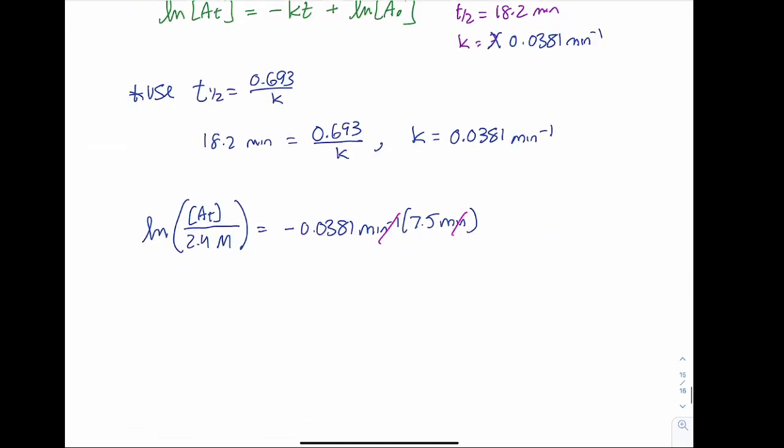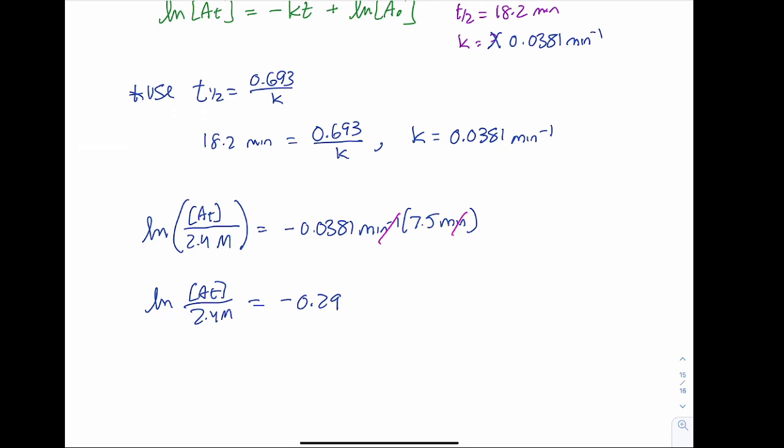And I'm going to just do the math on the right first. So I'm taking my 0.0381, I'm typing into my calculator incorrectly, so now I'm retyping it into my calculator. And I got a negative 0.29, I guess I just want two significant digits.